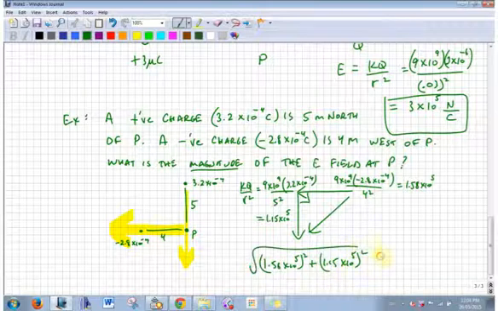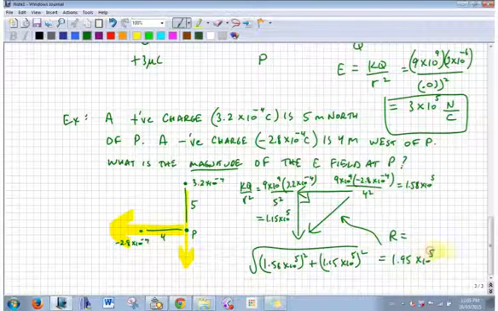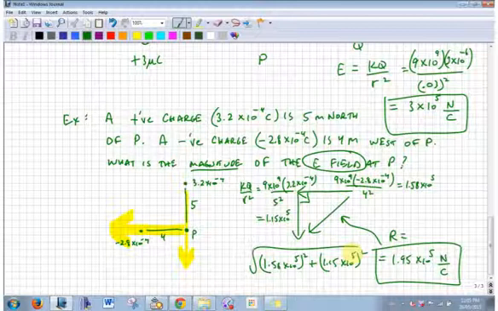Take the square root of that, and that's the magnitude. 0.95 times 10 to the 5. What's the units for E? Newtons per coulomb. Okay?